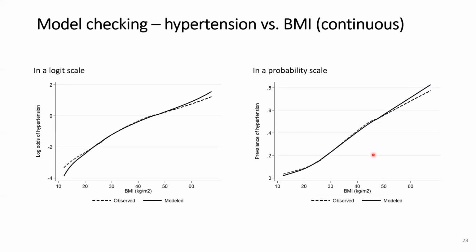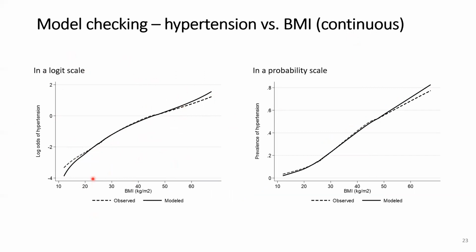And we move to BMI, which was a continuous variable. On the left-hand side, the result is shown on the logistic scale. Here, the dotted line is observed and the solid line is modeled. There are some departures at the lower end and higher end.